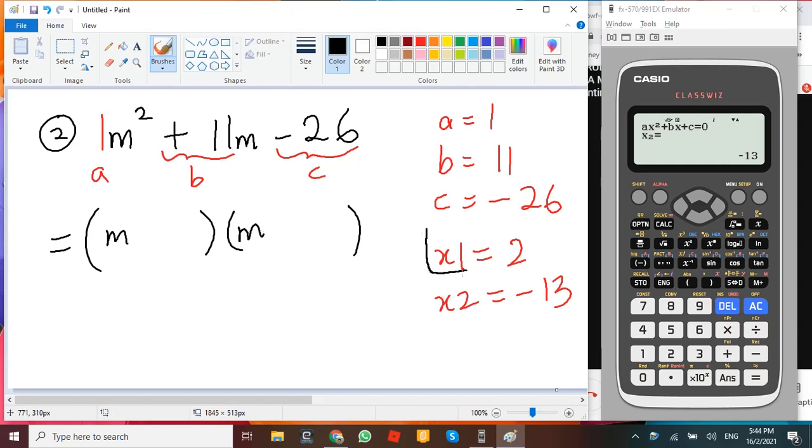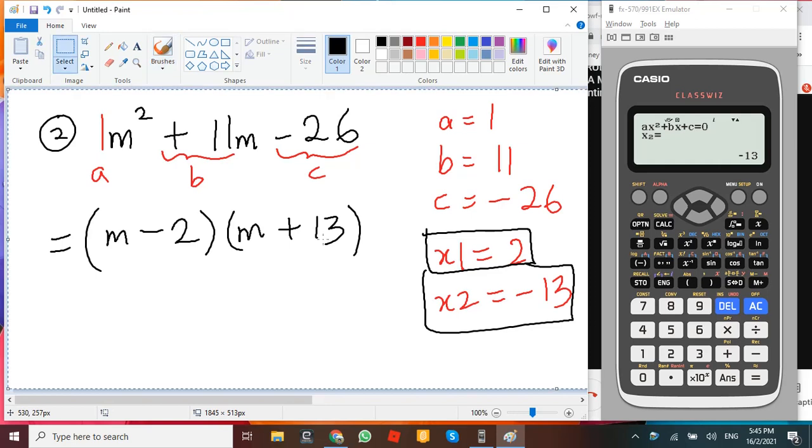For the first value, 2, here is positive, but we change the sign to negative or minus. And then for the second value, negative 13, we change to positive 13. So the answer is m minus 2, m plus 13. And that is the answer.